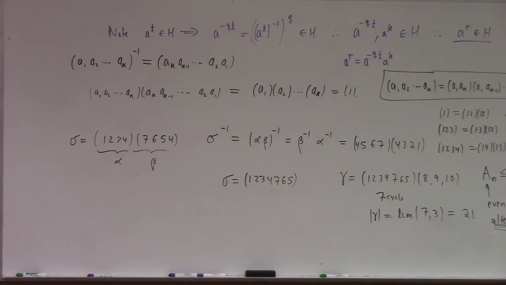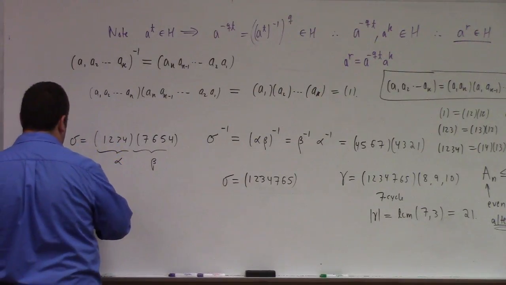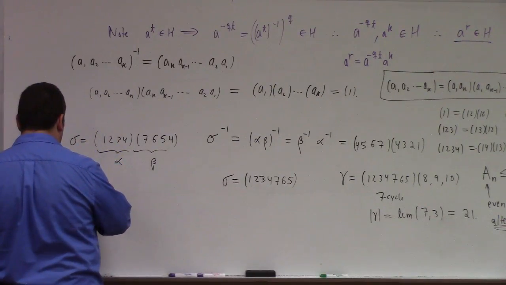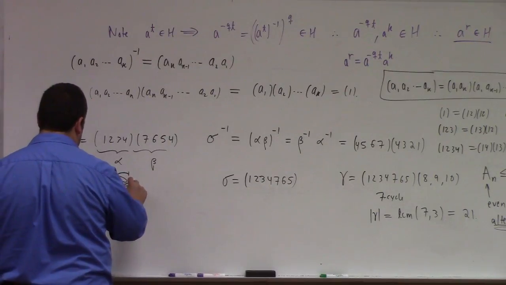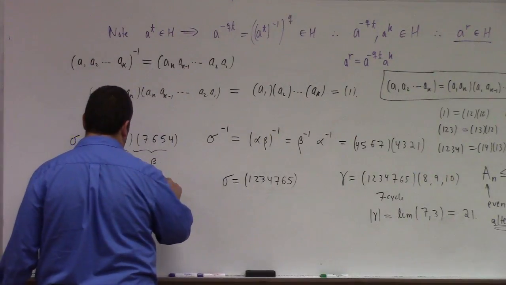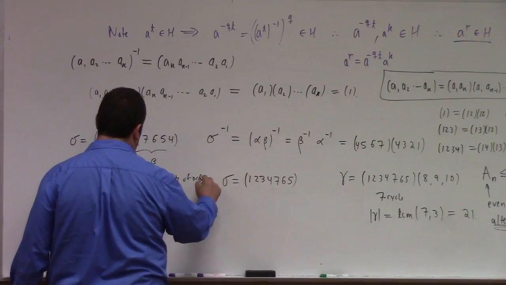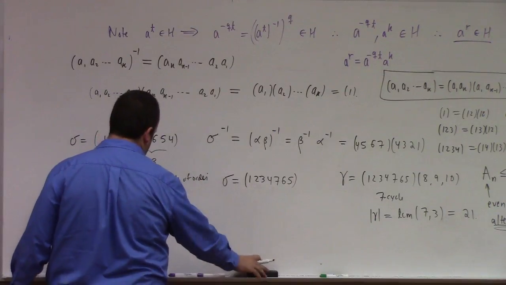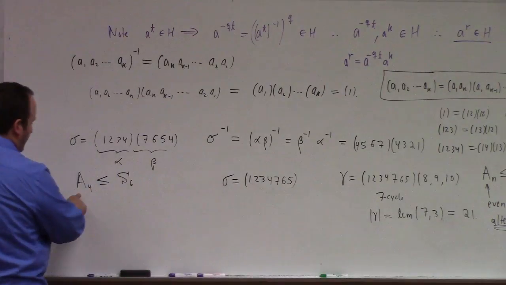So you're asked, how many elements of order 5 are there in A4? It's A6 in the problem, but you probably don't want to do that. A4 is a subgroup of S6, right? And I could ask how many elements of order 7? But if you think, what does this look like?